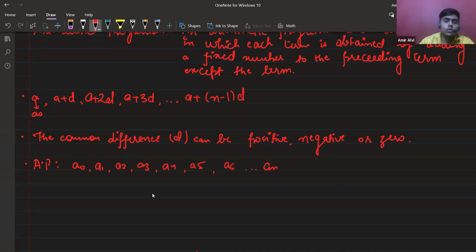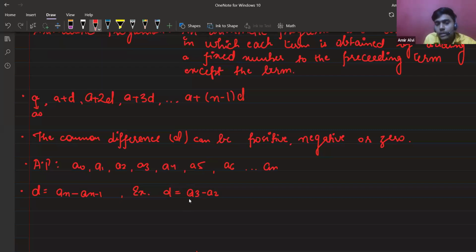Whenever you have to find D, it would be An minus An minus 1. For example, D can be represented as A3 minus A2.